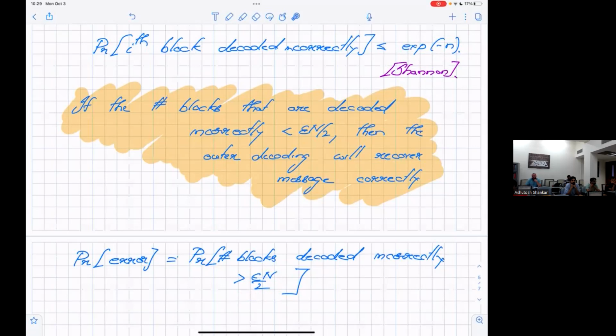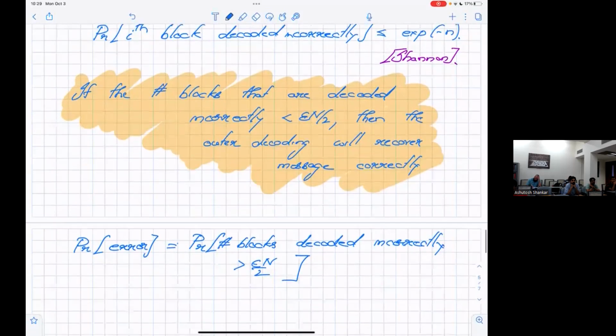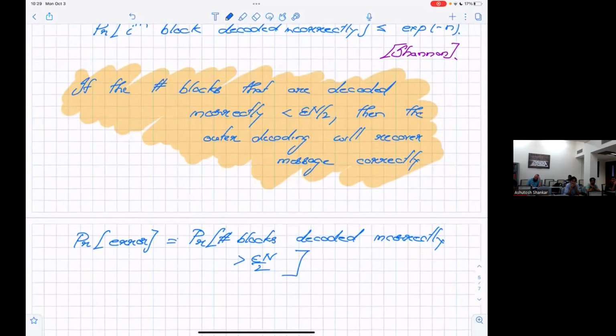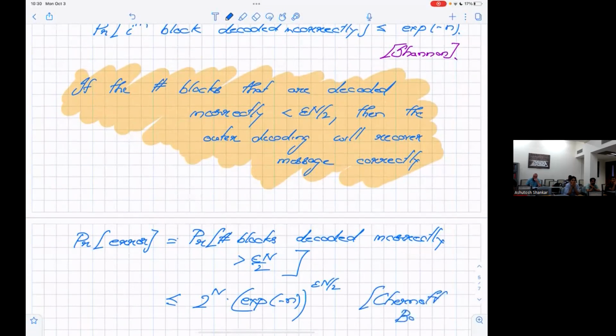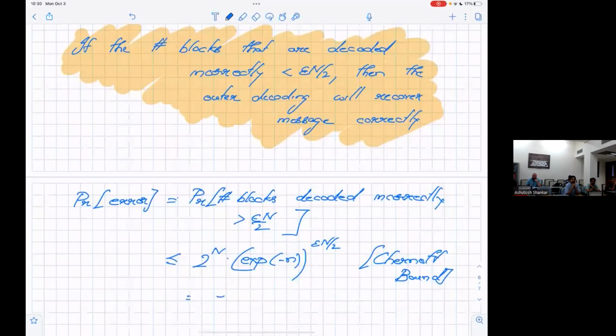This is a Chernoff-like bound, and you can check. This is going to be exponential in minus n, the whole power epsilon N by 2. I'm applying a Chernoff-like bound over here. So you're going to get something which is exponential in minus n times N, which is what we wanted.